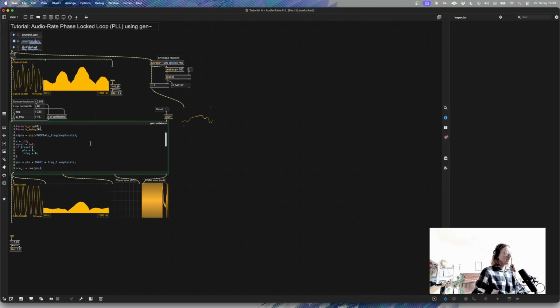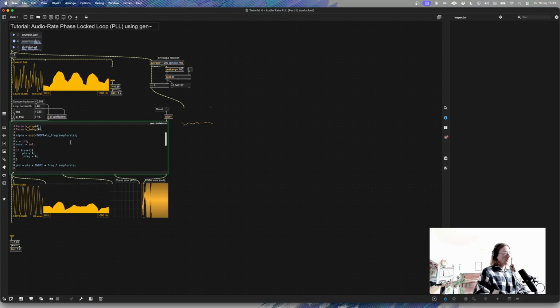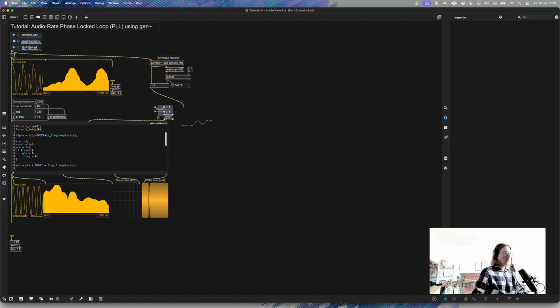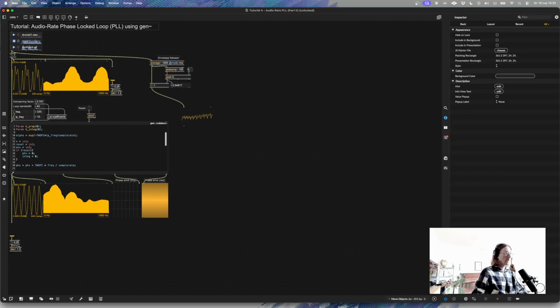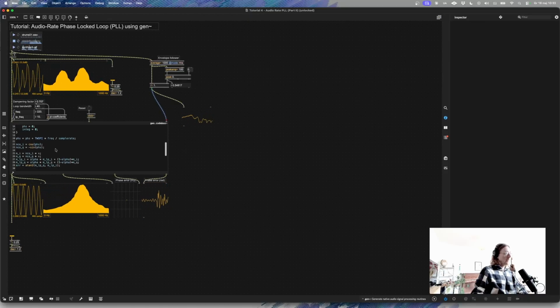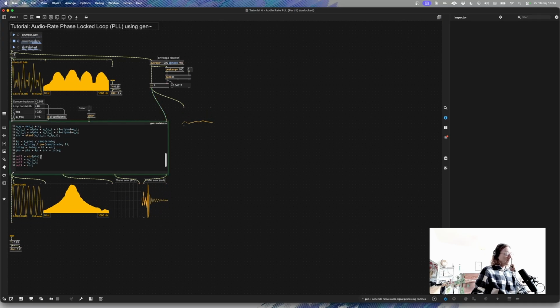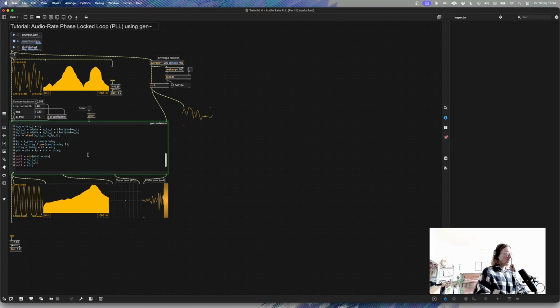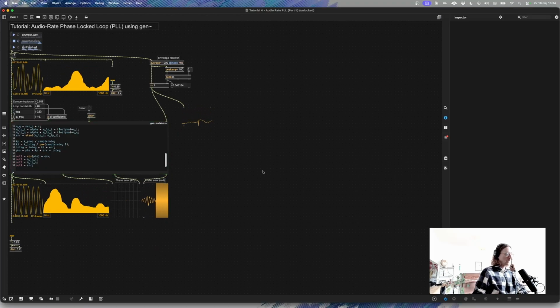And now we can add an input here in our Gen PLL implementation. Let's call it envelope, a third inlet. Then we can move our reset button and send this envelope. And now we can simply multiply here our output with the envelope.